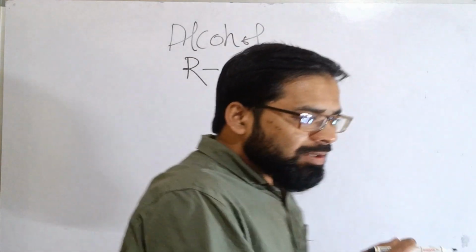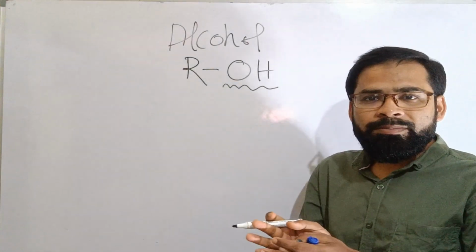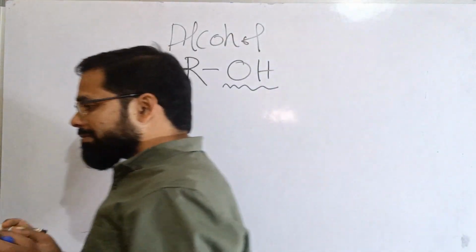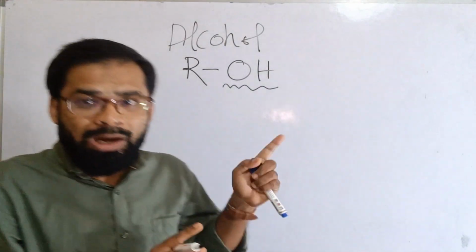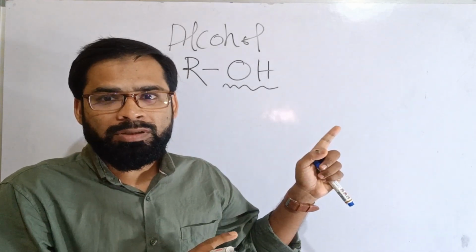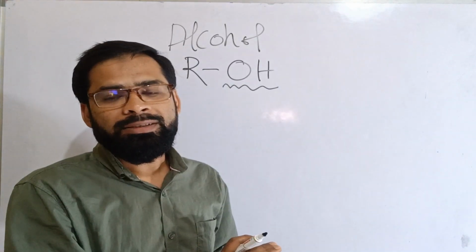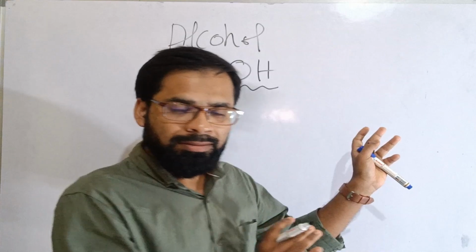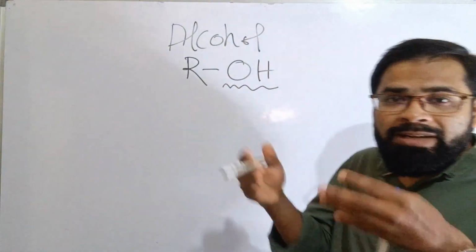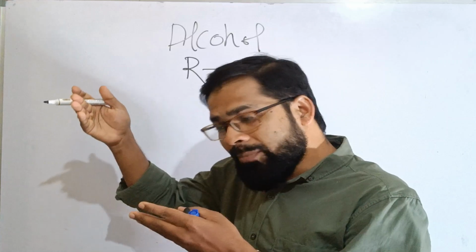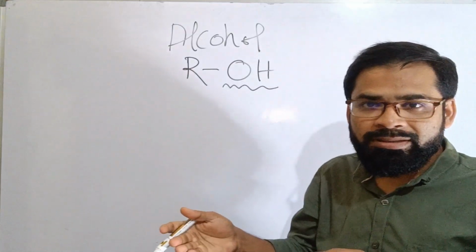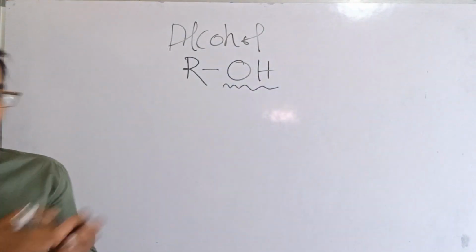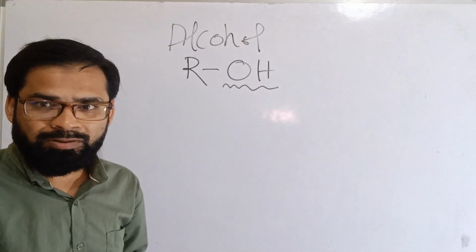Because in case of multiple functional groups in a compound or in a molecule, at that time we have to consider only one as the main functional group. All other functional groups should be in prefix. Clear? So which one will be the main functional group? At that time we have to maintain a priority list. With the help of the priority list, we will identify the main functional group.